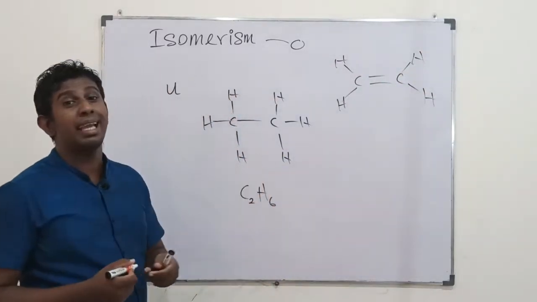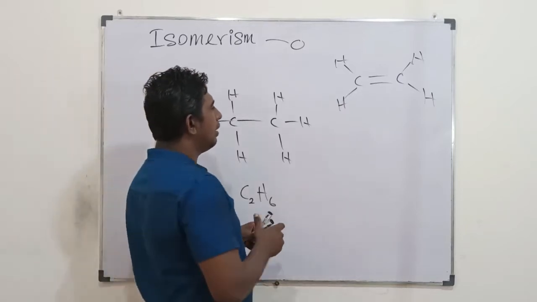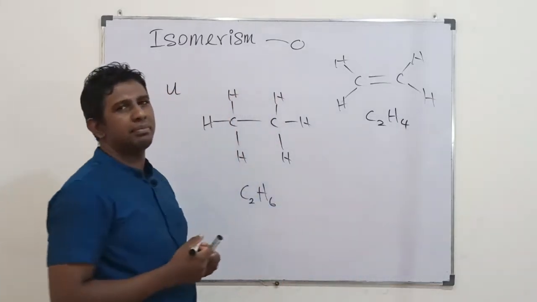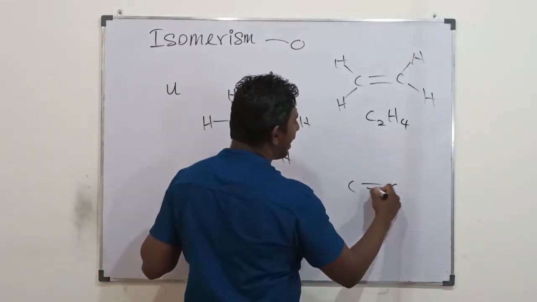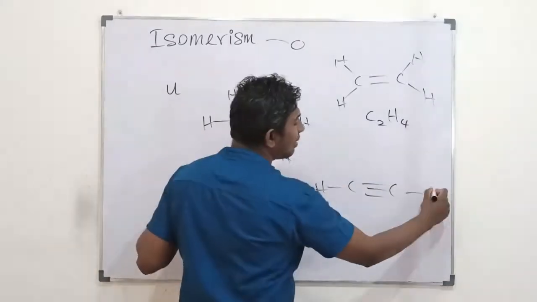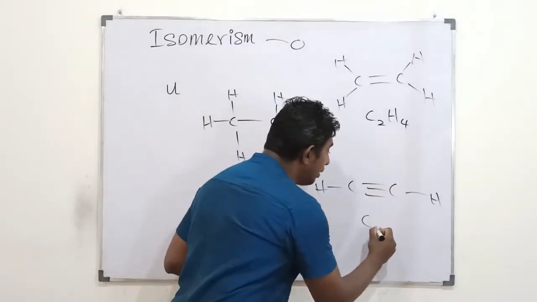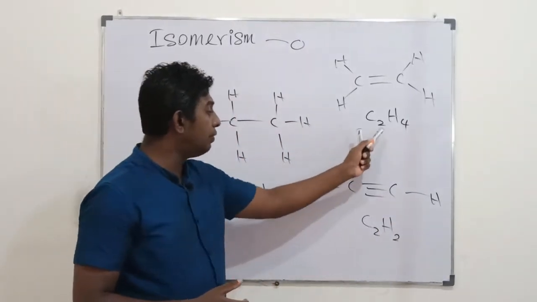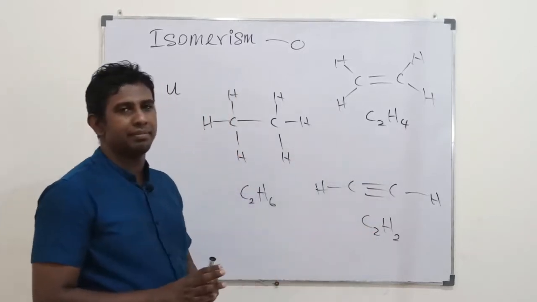This is what we call ethene, the very first alkene. So with 2 carbons, you are having 4 hydrogens. Then when you talk about the alkyne having 2 carbons, you have 2 hydrogens only. These are the formulae of alkane, alkene, alkyne.